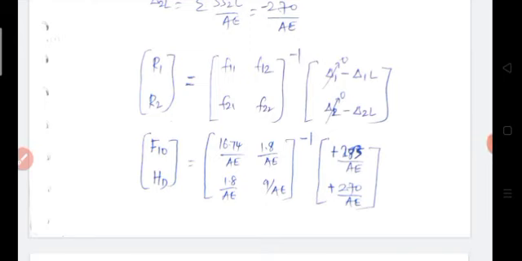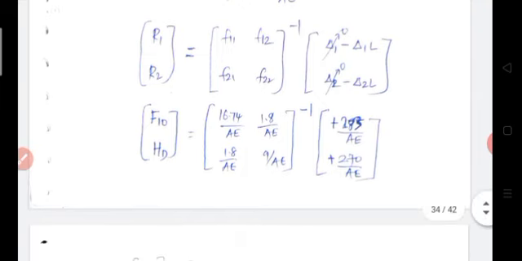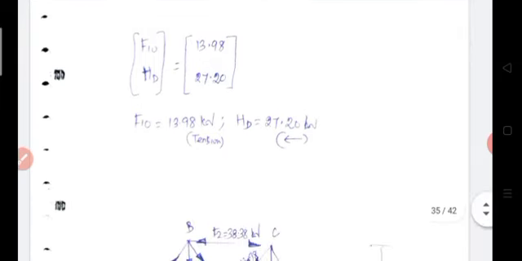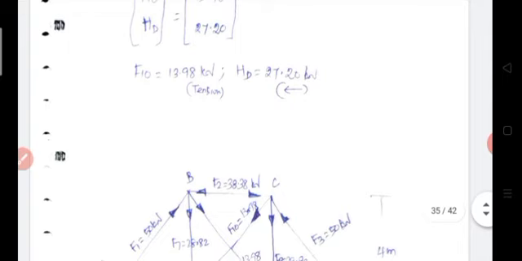Then the flexibility matrix we already know, substitute that. Then delta 1 is zero, delta 1L we already know is minus 283 by AE, delta 2L is minus 270 by AE, minus into minus plus, that is finally 270 by AE. Now multiply this flexibility inverse and deflection, finally it gives F10 is equal to 13.98, HD is equal to 270.72.